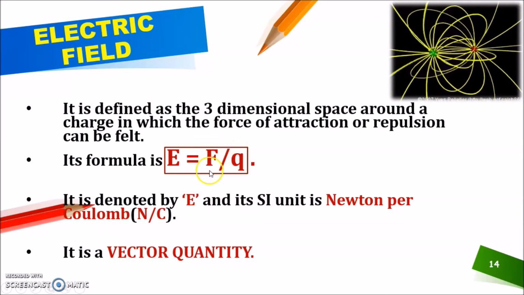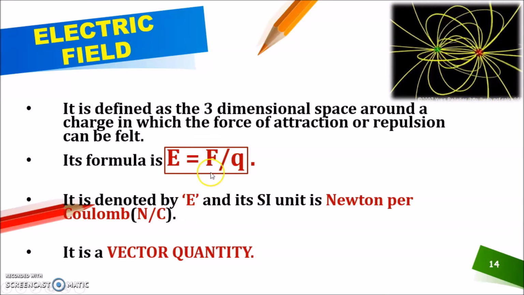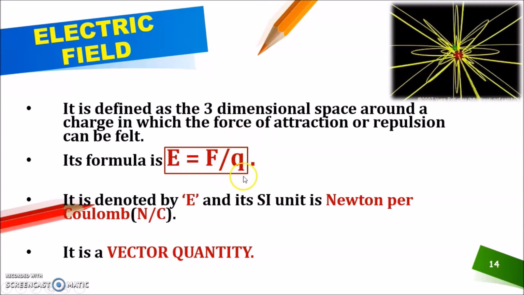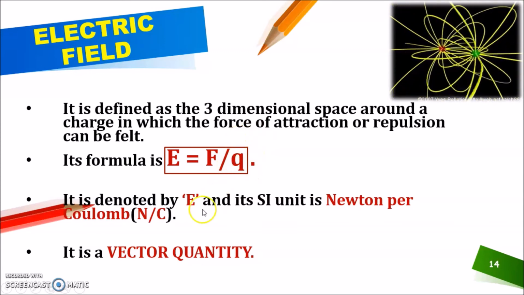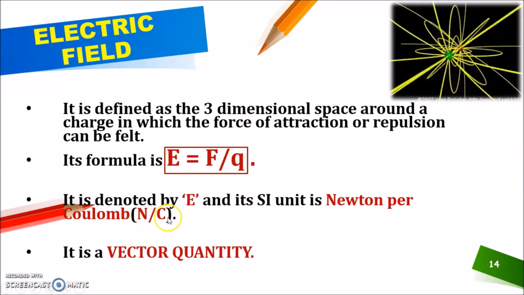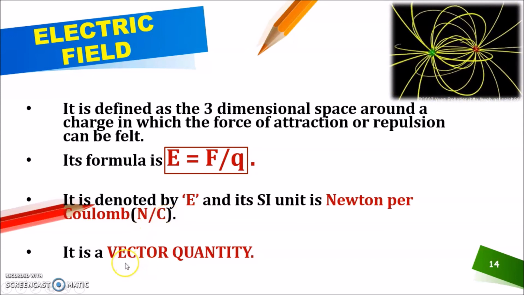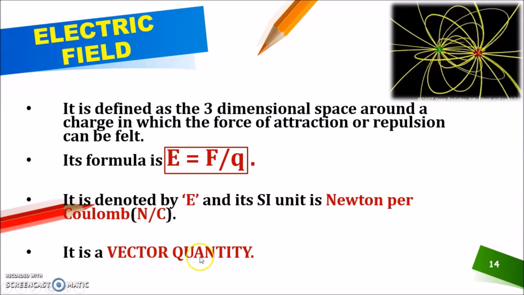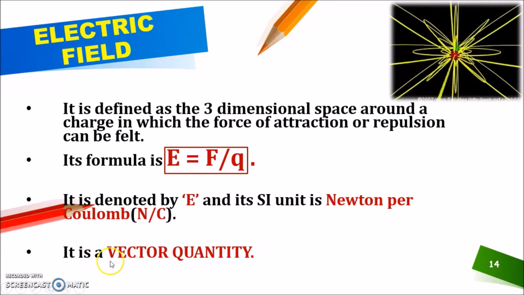The SI unit of force is Newton, and the SI unit of charge is Coulomb. So Newton per Coulomb, and it does have direction. So it is a vector quantity.